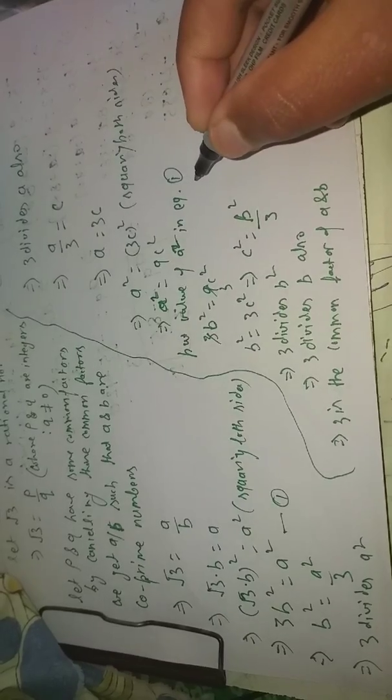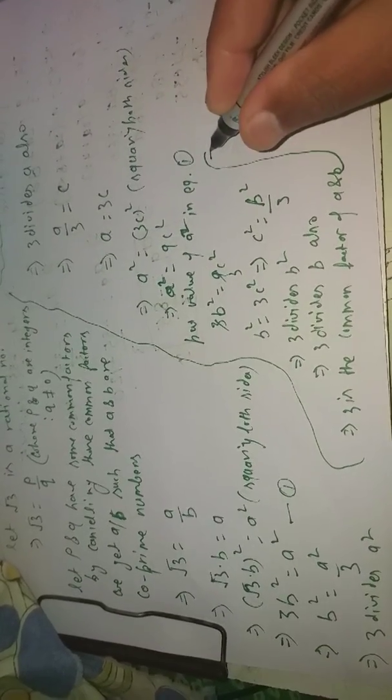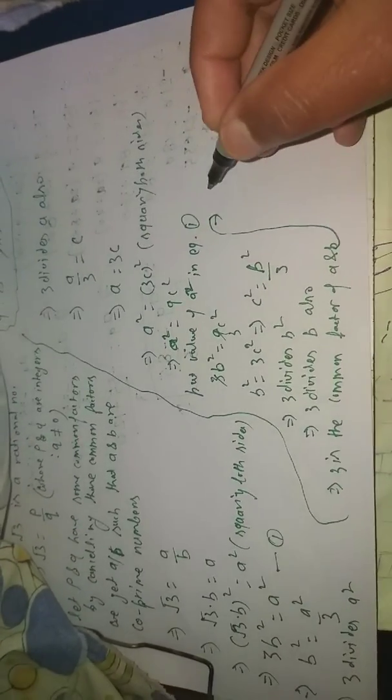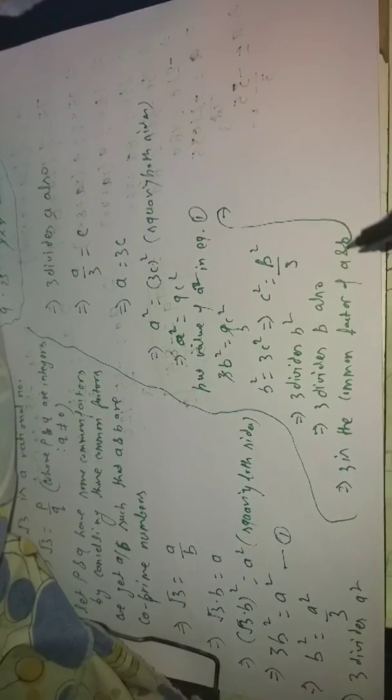Okay, now from here you will write, it implies this is a contradiction. A and b had nothing common, but now 3 has come as a common factor of a and b.